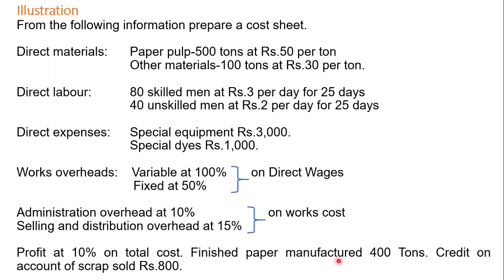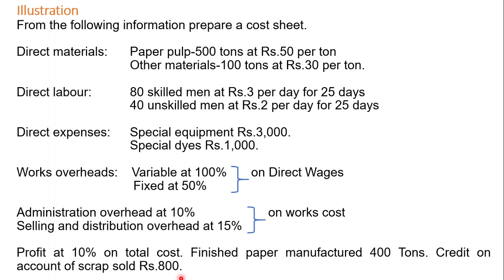Finished paper manufactured, 400 tons. So here output is given, the total number of tons of paper manufactured is 400 tons. When output is given, then we should maintain a separate column as per ton. One more adjustment is also mentioned, that is credit on account of scrap sold, rupees 800. 800 rupees worth of scrap is realized.